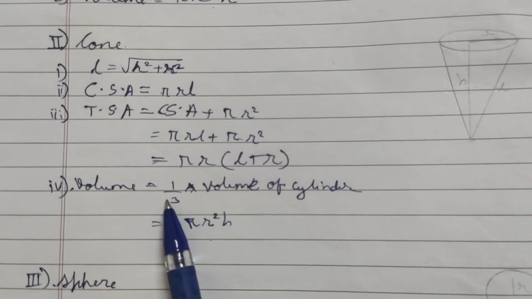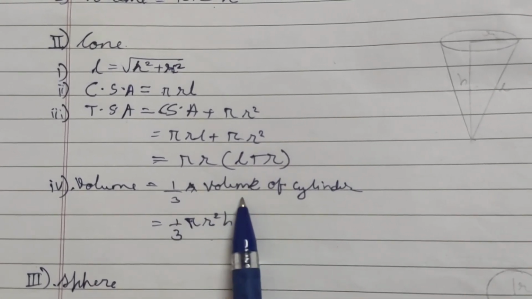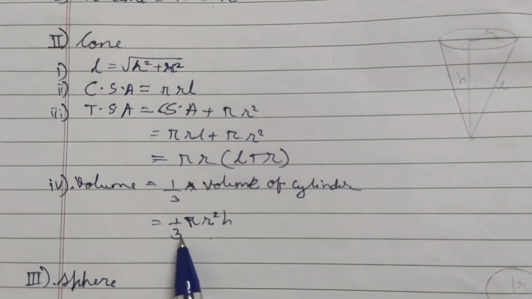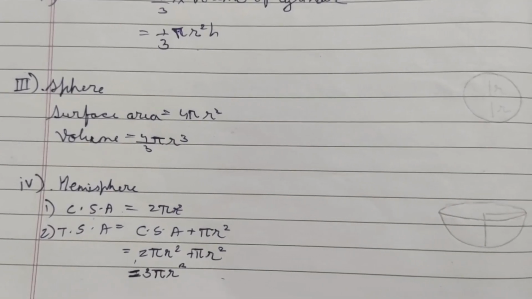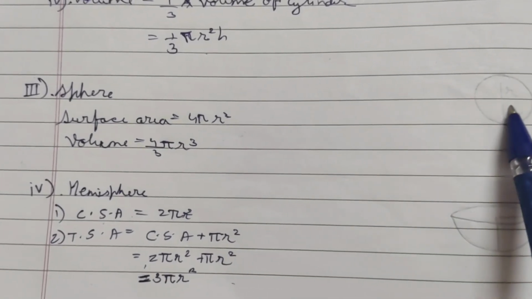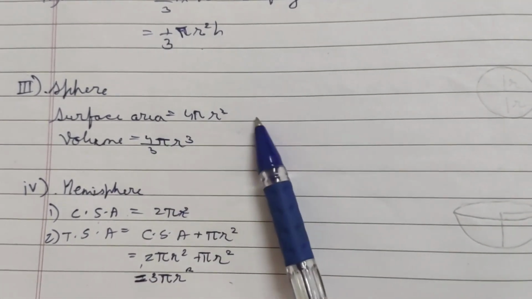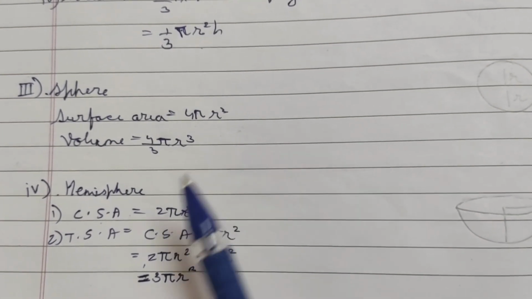Volume of the cone is equal to 1 upon 3 into the volume of the cylinder. That is 1 upon 3 pi R square H. Next is sphere. R is the radius. So surface area is equal to 4 pi R square and volume is equal to 4 upon 3 pi R cube.